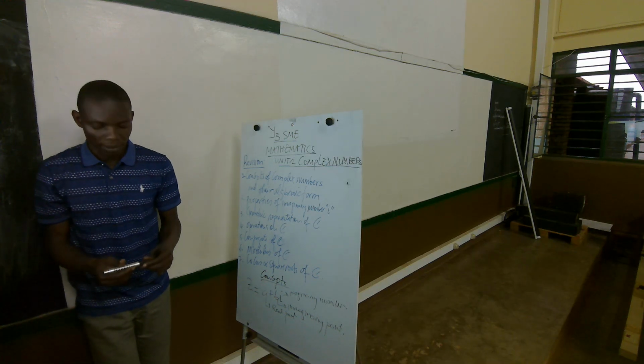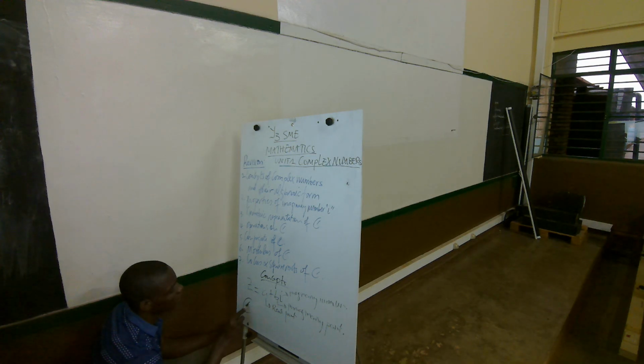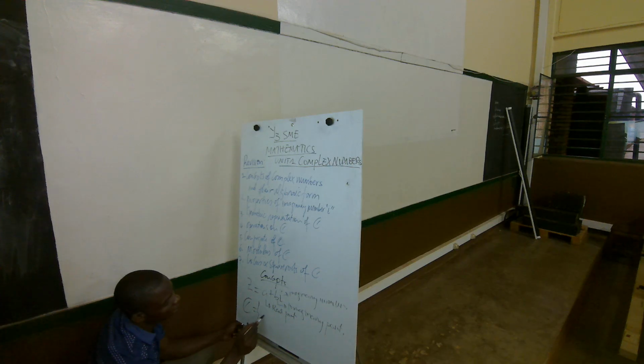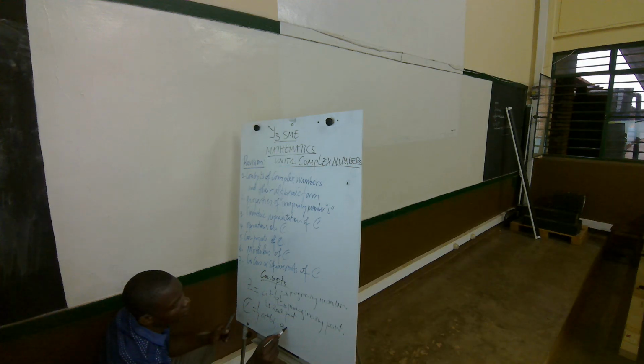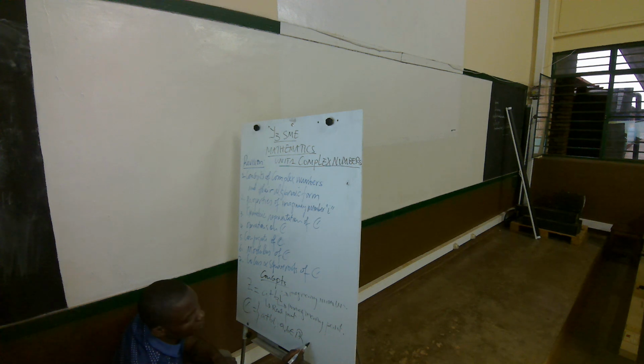This is the algebraic form of the complex number, where we say that the set of complex numbers is composed of a plus bi, such that a and b are in the set of all real numbers. It means those are real numbers, and also we know that i squared is equal to negative 1.